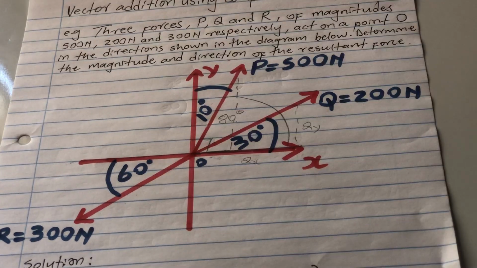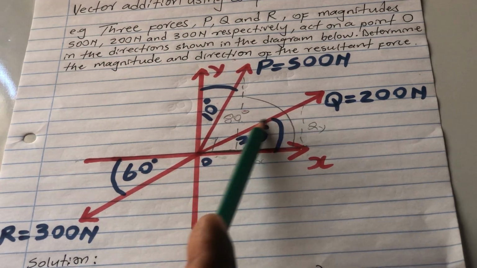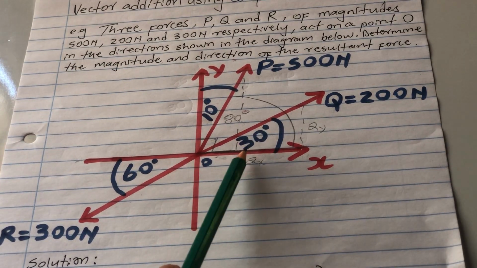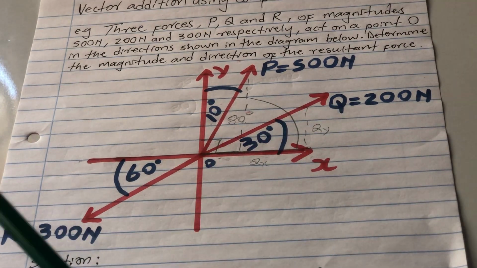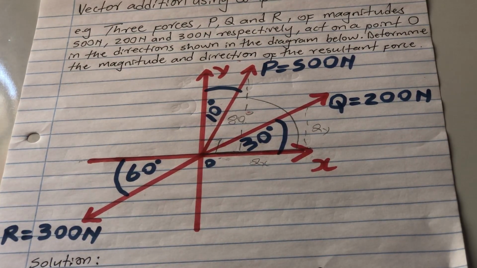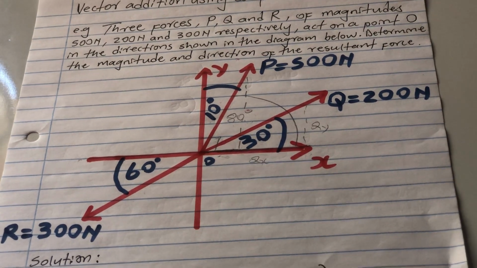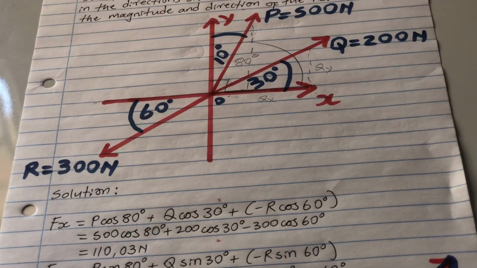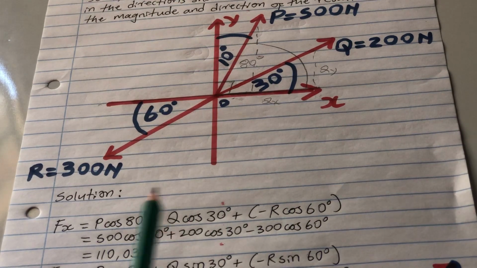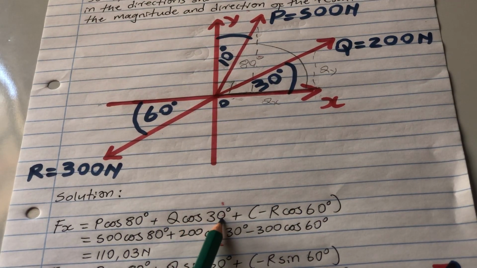The formula for calculating QX will be Q, because this QX is adjacent to the angle, QX equals Q cos 30. Let me put it here: QX equals Q cos 30.